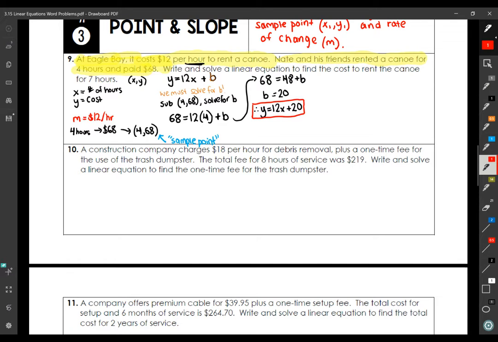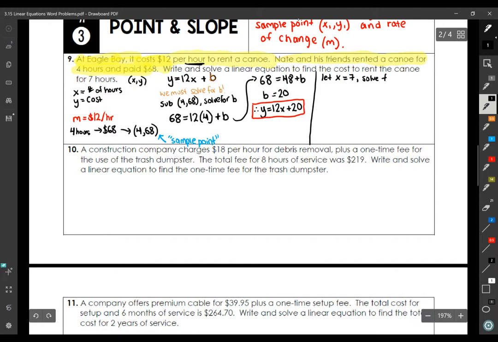Now we're going to move on to the second part of the question. Write and solve a linear equation to find the cost to rent the canoe for 7 hours. Are they giving us x or y? They're saying 7 hours. So let x, which is the number of hours, equal 7, and then simply solve for the cost, which is y.